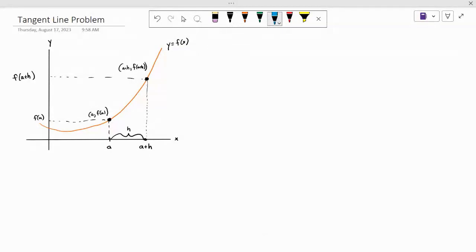Okay, so next we're going to draw a line through those 2 points. Okay, and what do you call a line that goes through 2 points of the graph? It's called a secant line, right? And the secant line has a slope.